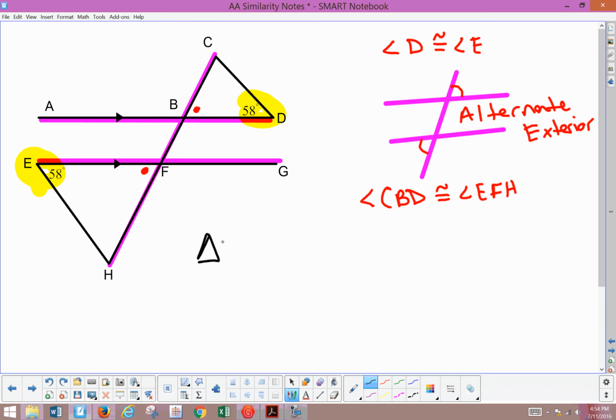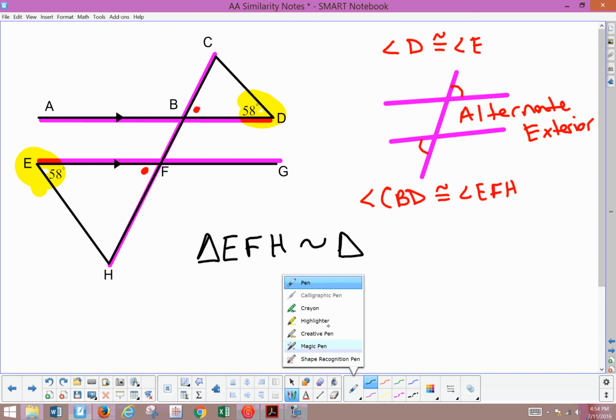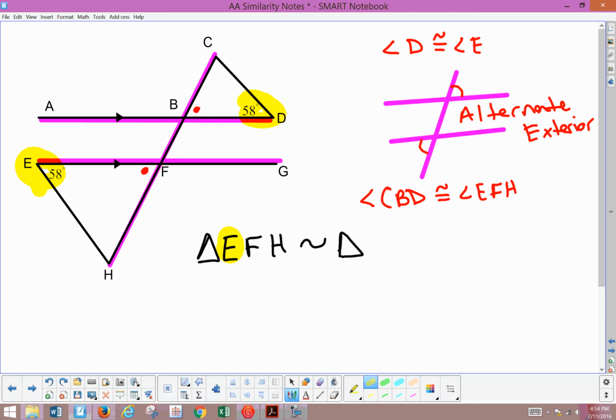So I'm going to name the first triangle, triangle EFH. That's the triangle at the bottom left. It is similar to triangle. Well, what angle matches angle E? Well, angle E was my yellow highlighted angle. So if angle E was my yellow highlighted angle, what does that match in the other triangle?